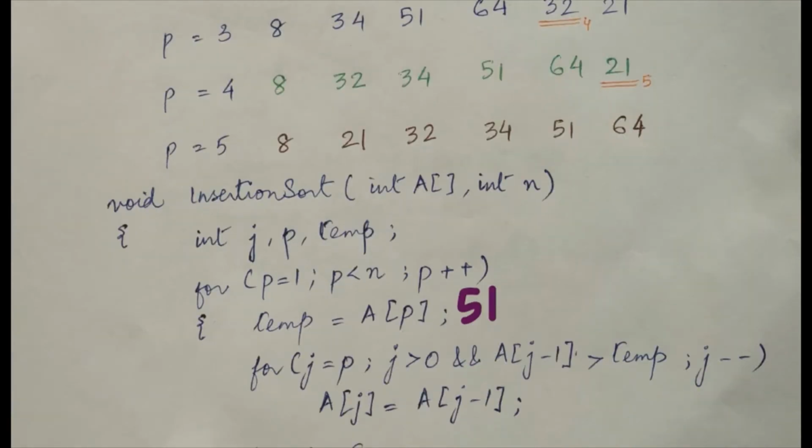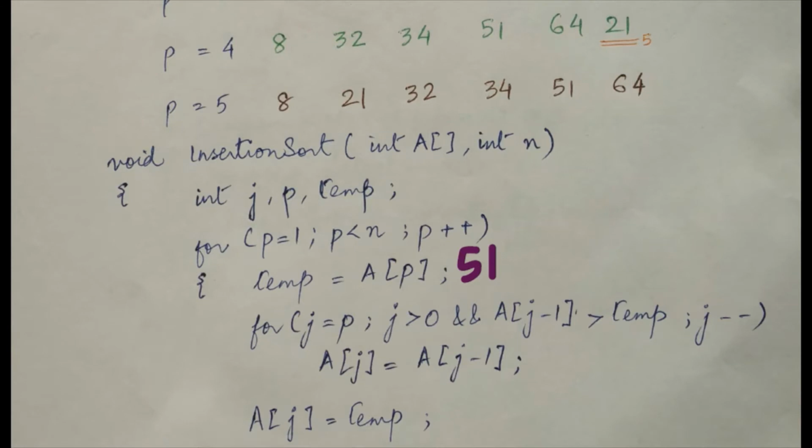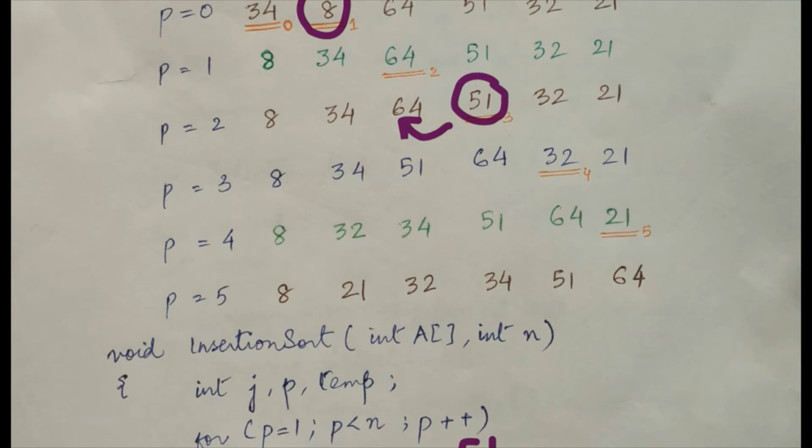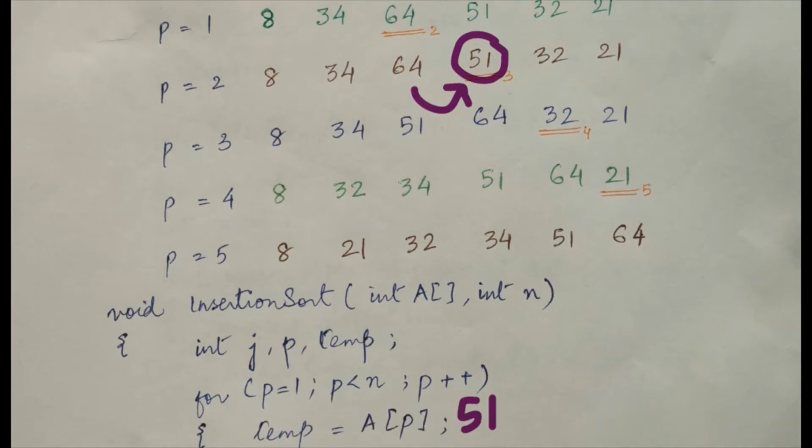So what it does, j is p, so in the location of 51, it shifts 64 in place of 51. It moves 64 here, and then it checks, is 51 less than 34?